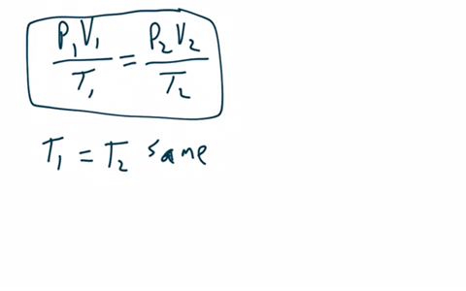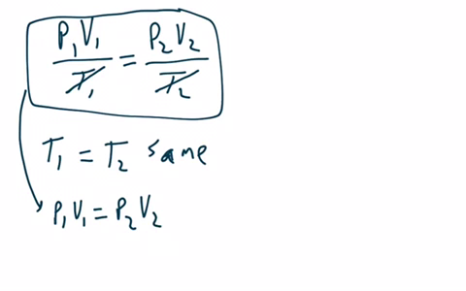So no matter what the value of T1 is, if it's the same as T2, T1 and T2 would cancel each other out. And if you look at what remains, this is the formula that I gave you for Boyle's Law. Interesting how that works.